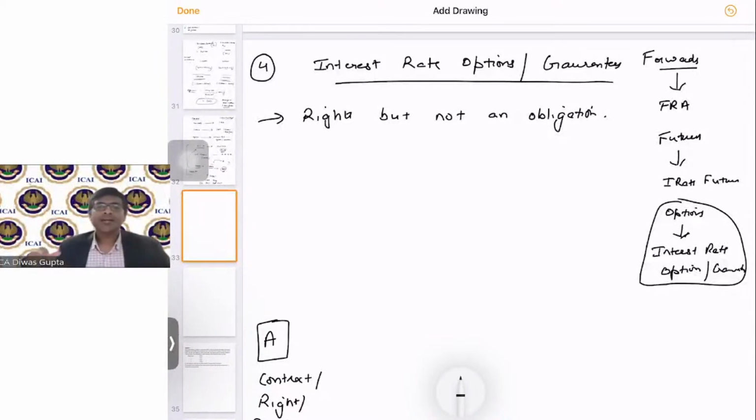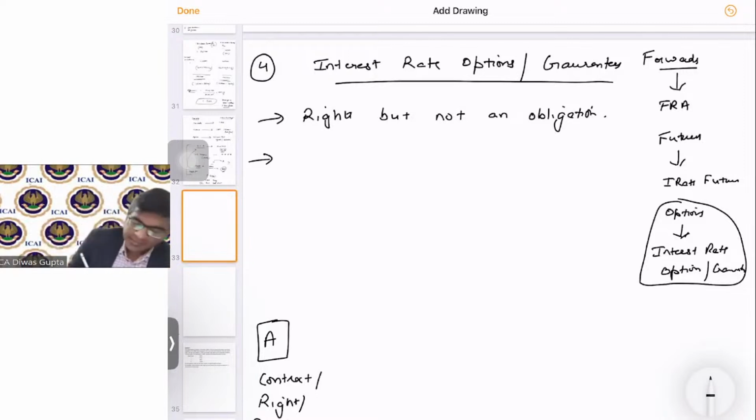So we were discussing that these interest rate options are rights but not an obligation. And as I told you, the obligation exists only at the time of entering the contract, that is, pay the premium. That's all. Then there are some conditions which will lead to the exercise of this option or to non-exercise of this option. Those may be favorable conditions or unfavorable conditions, and we will try to understand how it happens.